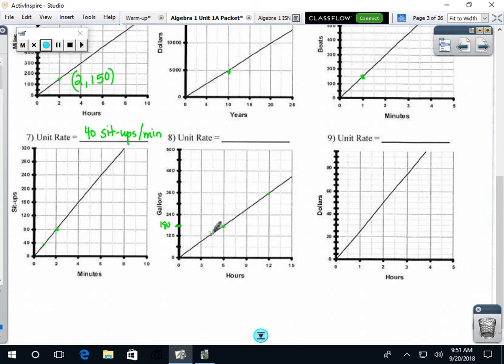Okay, and so what is 180 divided by 6 or 360 divided by 12? 180 divided by 6. 30. So it's 30 gallons per hour.